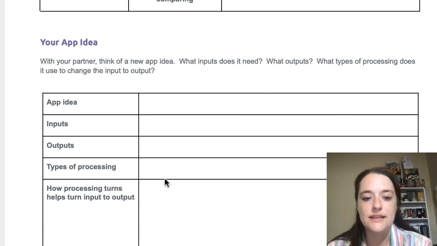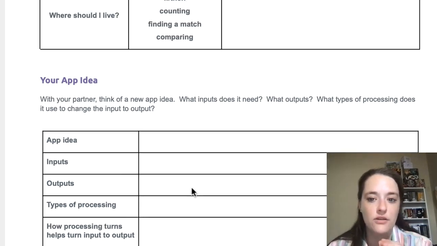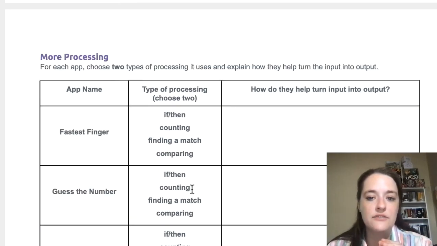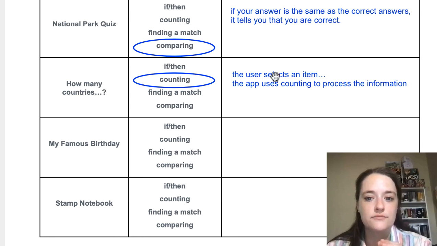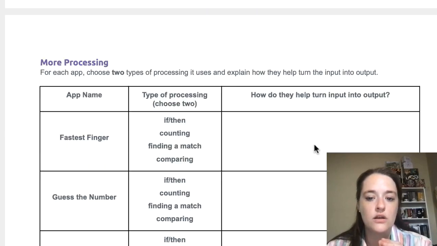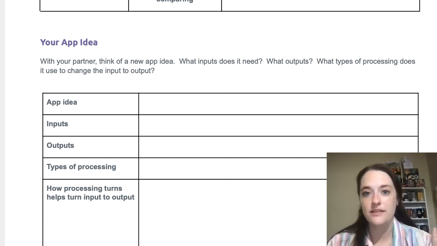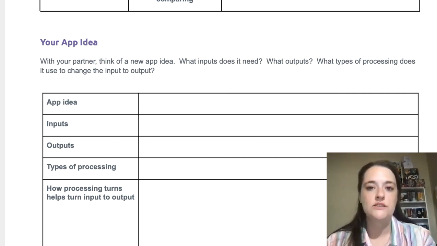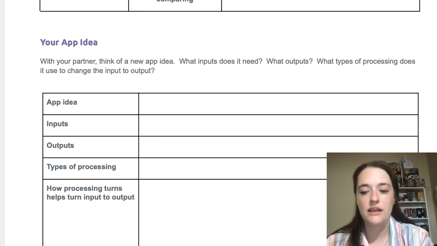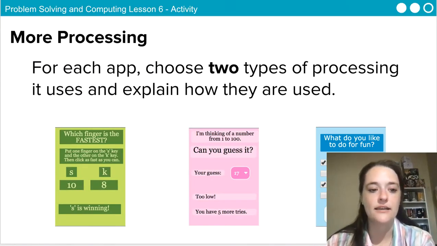How does processing help turn input to output, okay? So that's kind of like what we did here. All right, so you're going to complete that, and then you're going to submit that to Schoology, all right? So pause the video here so that you can complete that activity guide.